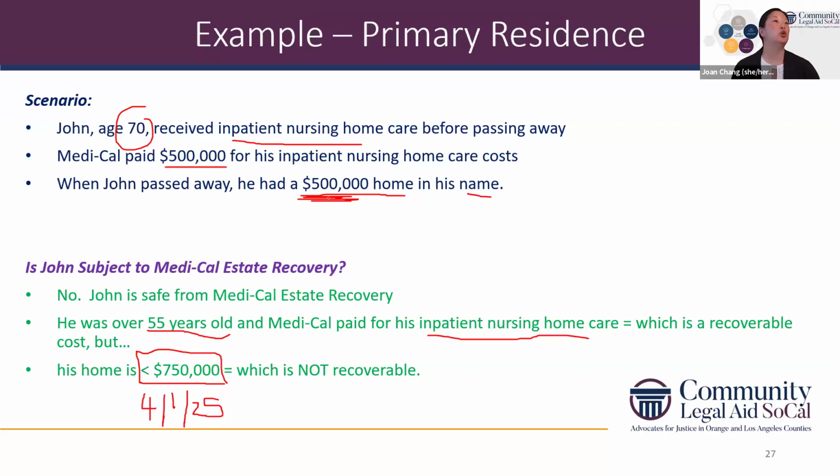So because his home is worth less than $750K, it's not going to be recoverable. Whoever the home ends up going to after he passes away is going to be able to inherit it without Medi-Cal getting their grubby hands on it. I'm glad we're doing these quizzes because we're learning a lot together as we go through this.